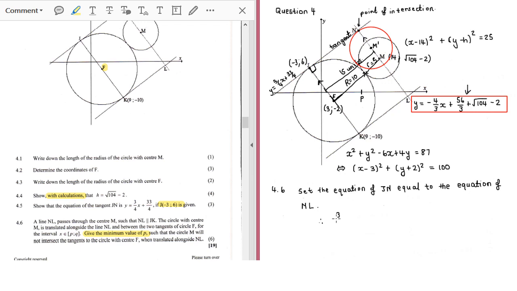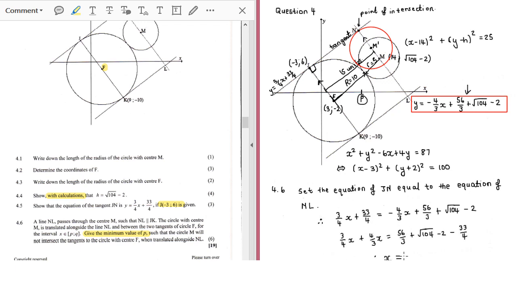Okay, so that is going to be 3 over 4 x plus 33 over 4. That must equal negative 4 over 3 x plus 56 over 3 plus the square root of 104 minus 2.